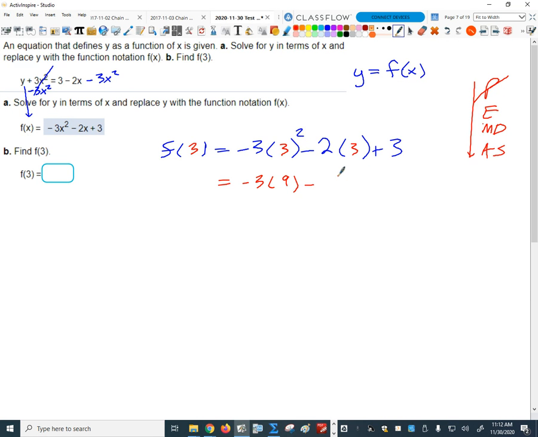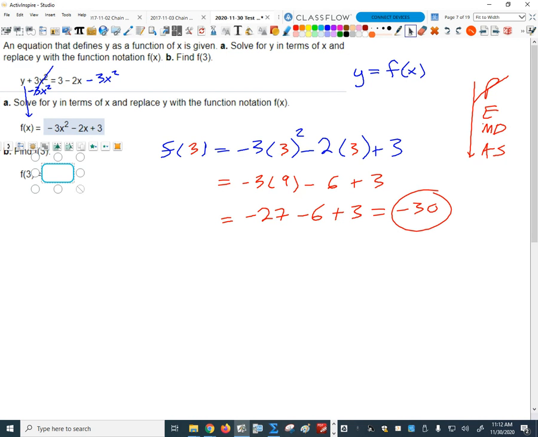So 2 times 3 is 6. And then negative 3 times 9 is negative 27. Negative 27 minus 6 plus 3 just all adds up to negative 30. So that's my answer. Okay, so be prepared for something like that.